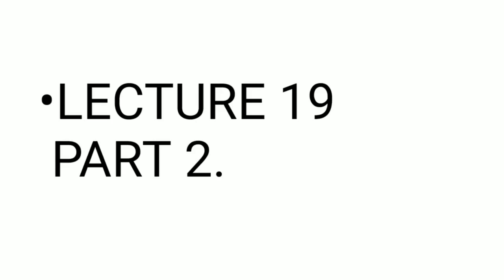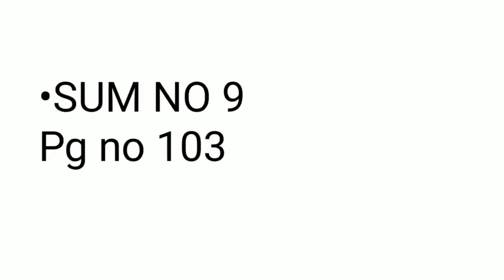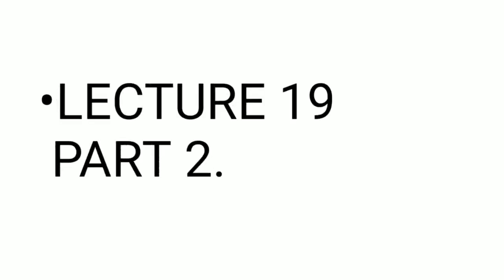So in today's lecture, we'll complete illustration 8 firstly, and then we are going to solve sum number 9, which is given on page number 103 in exercise. But before that, we are supposed to solve illustration 8, which is incomplete.